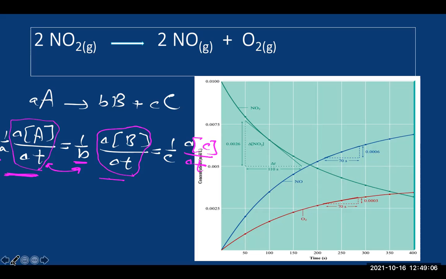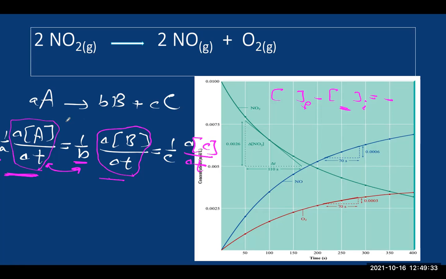Another point, we know that the concentration of the reactant will decrease with time. So if you calculate the final minus the initial, it will be a negative value, because the final will always be smaller than the initial, because the reactant decreases. So for A and B, it will be a negative value for the rate, and we can't say that we have a change in concentration with a negative value.